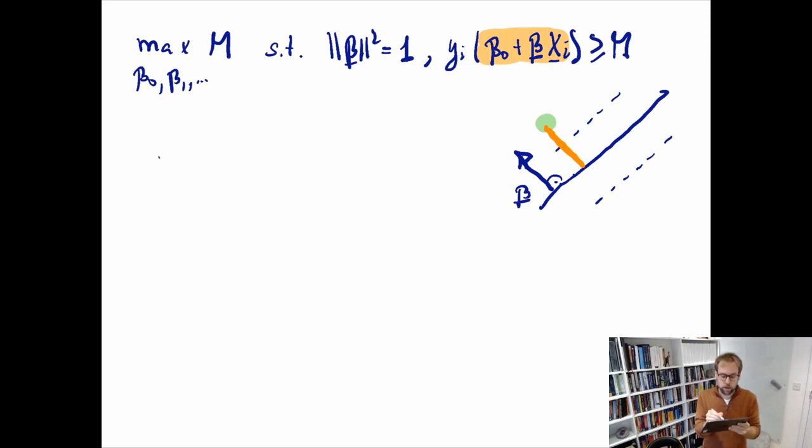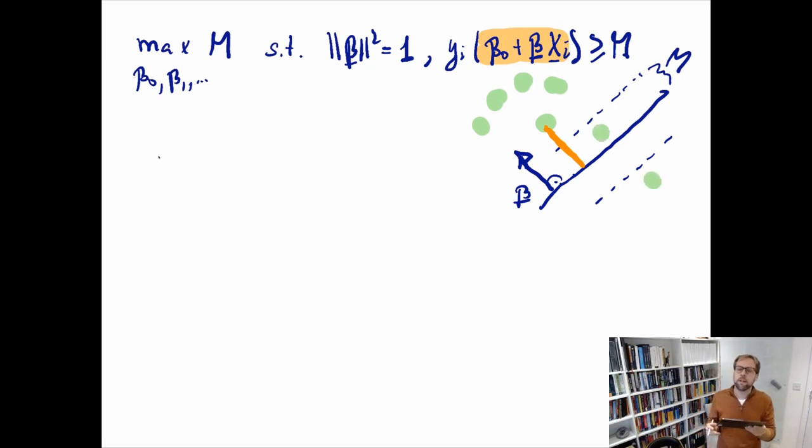And what we wanted was that this thing is bigger or equal to m. This difference here is m. And the same for the other side. So we needed this thing to be at least m to be on the correct side of the boundary. Imagine I had a new data point, one here or one here.